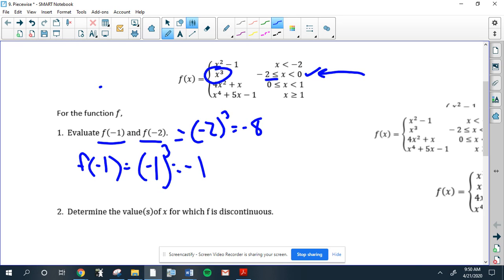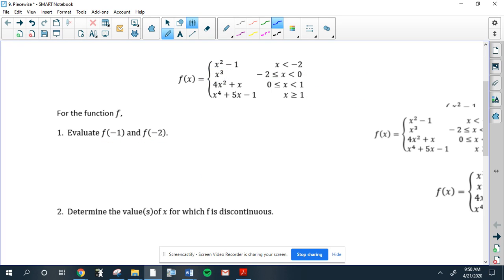Say they wanted to ask you what f of 1 was. F of 1 would be on this piece. So you would plug in 1 to x to the 4th plus 5x minus 1. And that will include answers printed out if you want to look back.